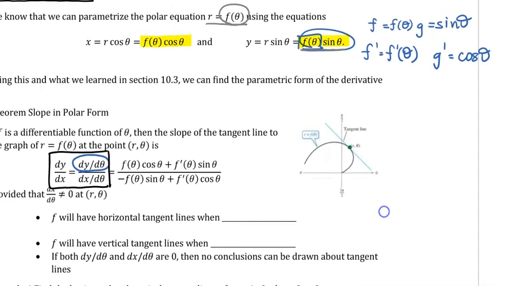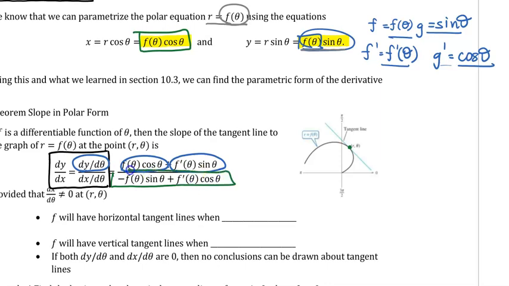Applying the product rule, we would have f prime g, which would be f prime multiplied by sine theta, plus g prime f, which would be cosine theta multiplied by f of theta. Very similarly, we would do the same thing with x, which is the product of f of theta and cosine theta. So we would need to apply the product rule again in order to get this denominator here for the derivative of x with respect to theta.